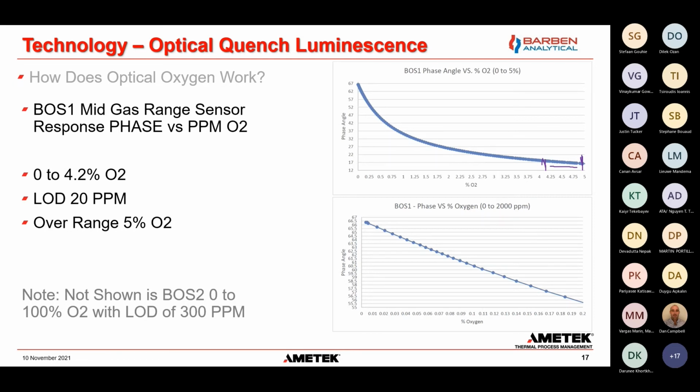Then if you look here at the low end of the sensor, you can also see that it has very good accuracy. It goes all the way down to a low limit of detection of 20 ppm, and it has a rangeability up to that 0 to 4.2%. So that is quite a big turn down ratio, I guess we would call that, to be able to measure so big and so low also.